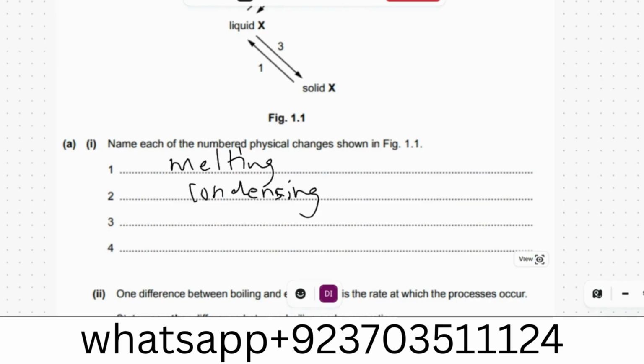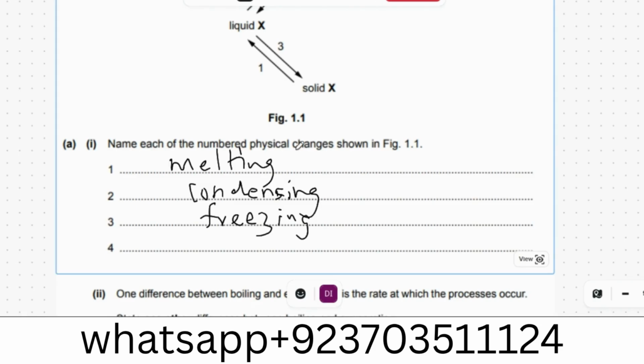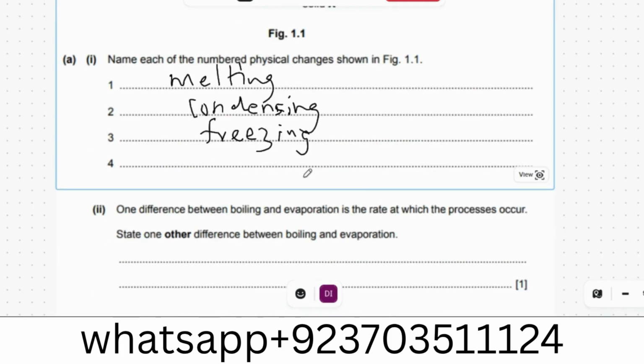Three is liquid to solid, that is freezing. And the fourth one is liquid to gas, that is boiling.